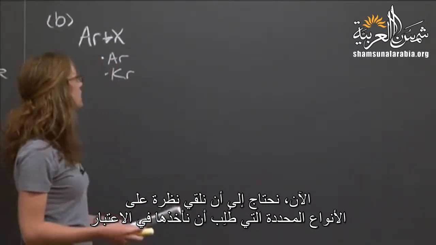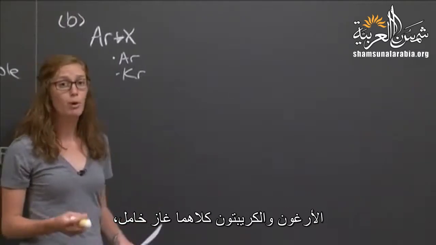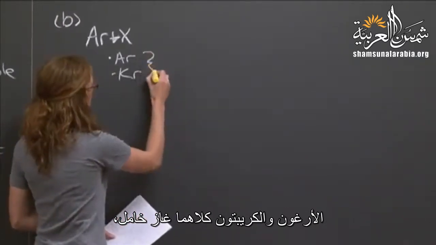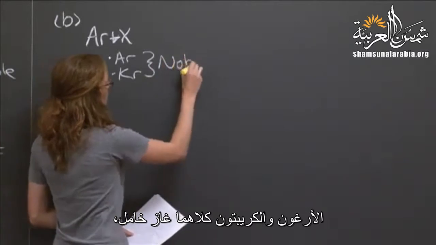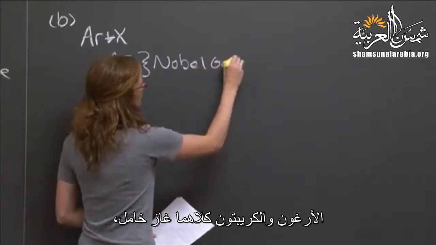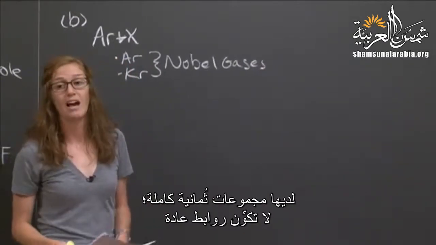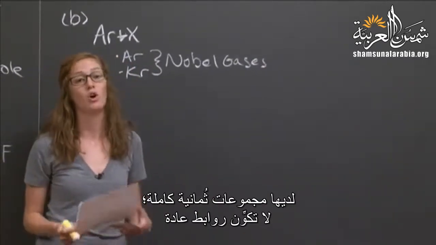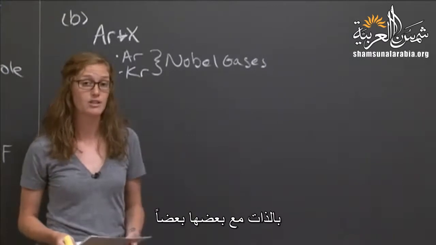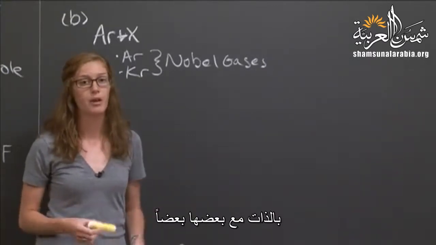asked to consider here. Argon and krypton are both noble gases. And what do we know about noble gases? They have complete octets. They don't bond very often, and so especially to each other.